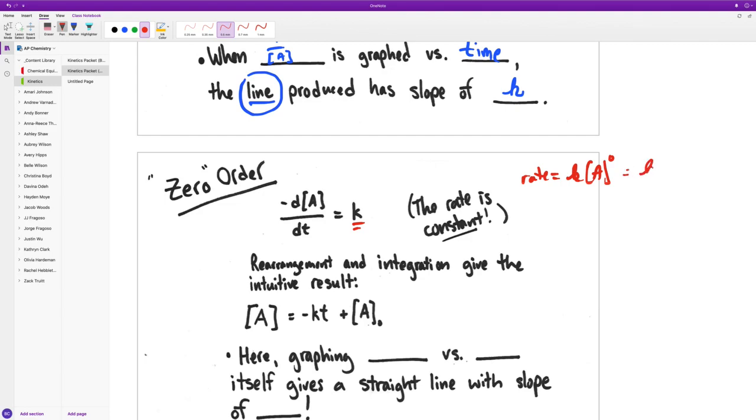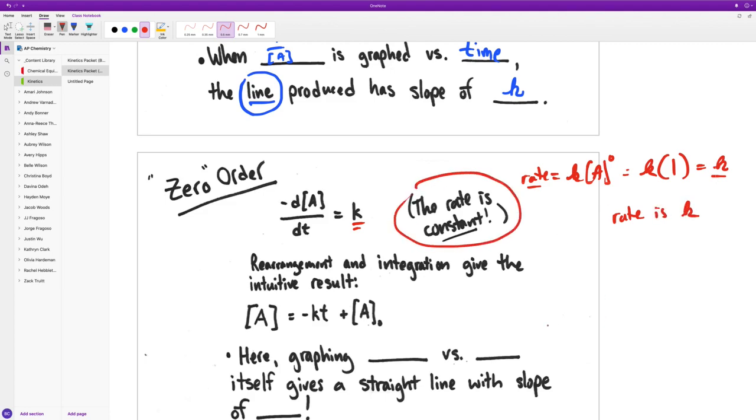And that's just K times 1, because anything raised to the 0 power, even if this thing is changing, when you raise it to the 0 power, it's just 1. And so K times 1 is just K, which means the rate is K. The rate is constant. Okay, that's what I wrote right here.